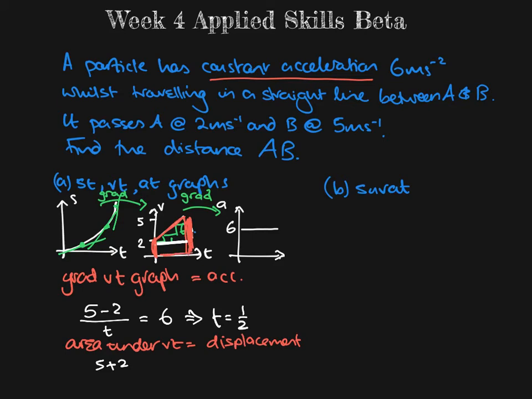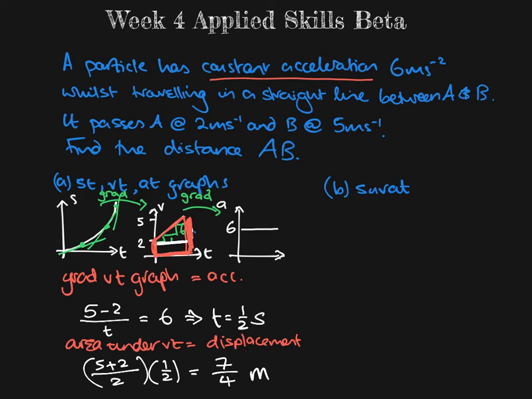And the distance between them in this case is t, and t is a half. So I'm multiplying by half the distance between them. That is going to give me 5 add 2 is 7, times a half times a half, which is 7 over 4. So the displacement is 7 over 4 meters, and the time taken, not that we needed that, is half a second.